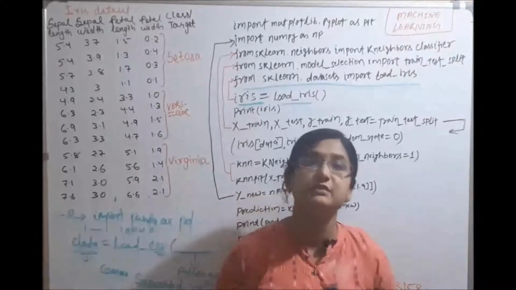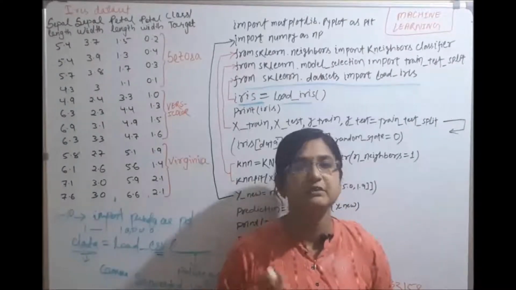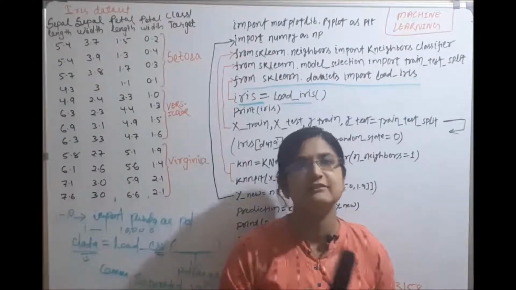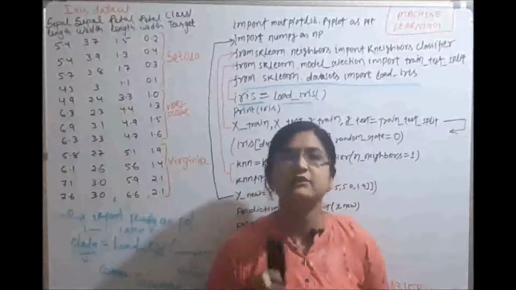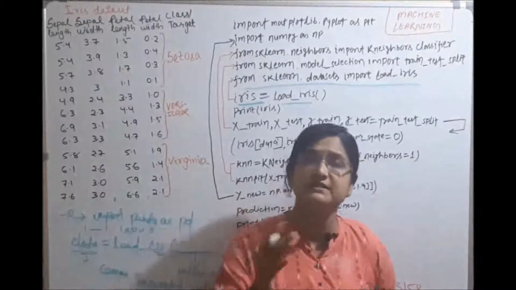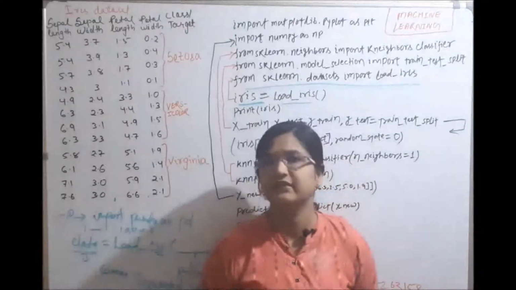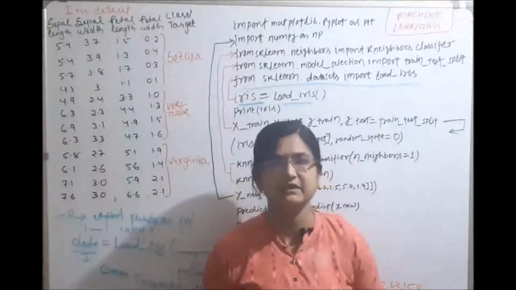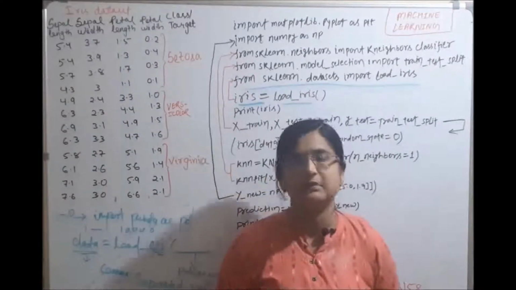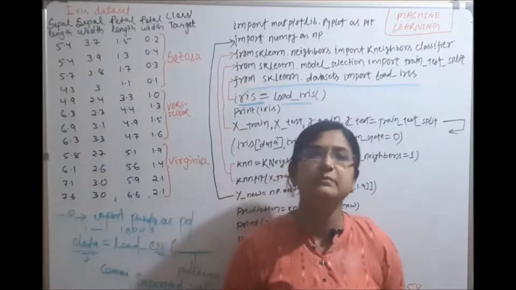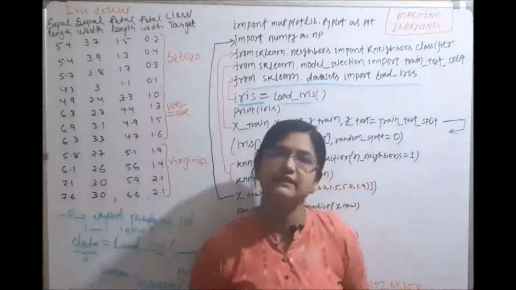Suppose by default 25% is kept for testing and 75% of data is kept for training. Or you can select how much percent you want for testing and training, I mean 80%, 20%, or 60, 40, you can select that yourself. But by default it is 25% testing and 75% training.